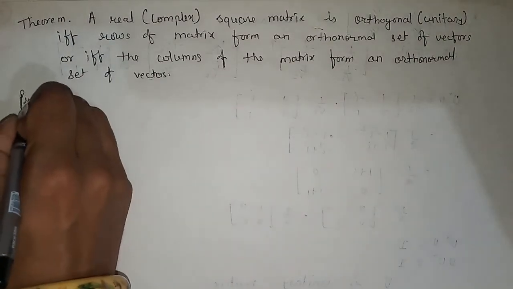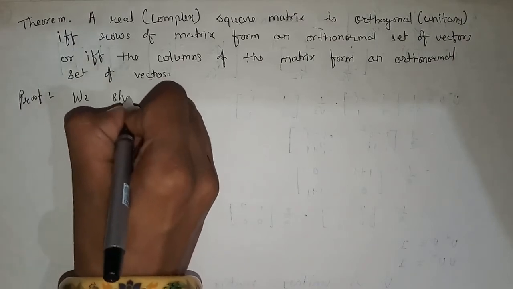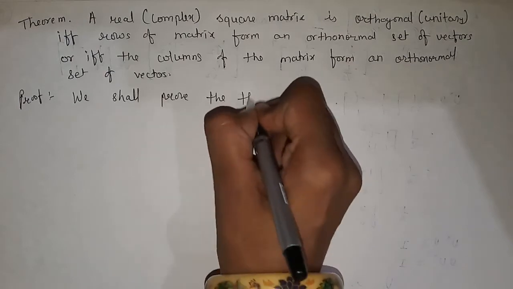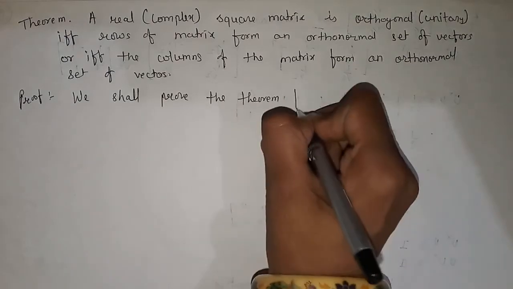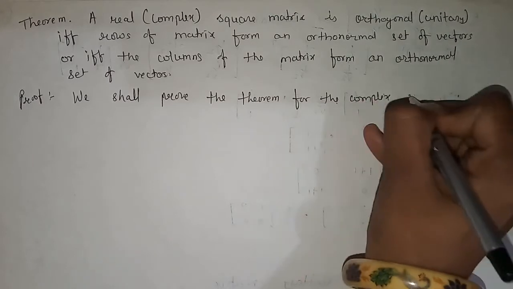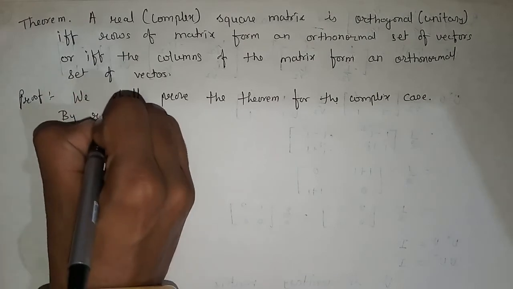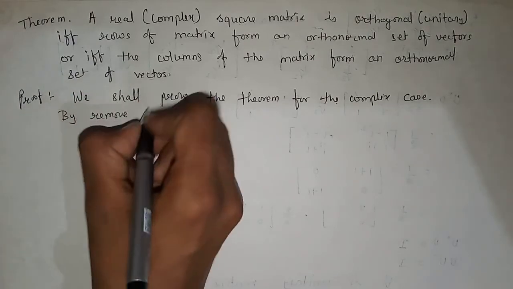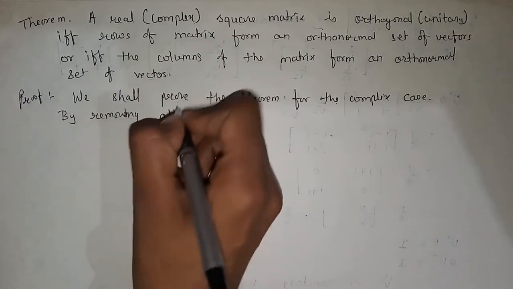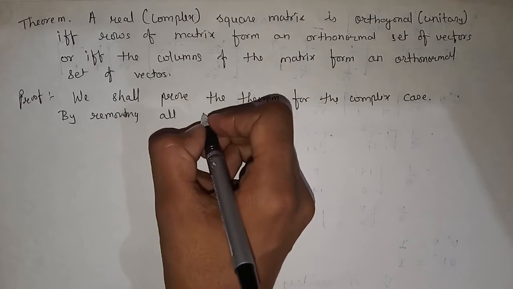So proof: we shall prove the theorem for the complex case, and by removing all the complex conjugation in the proof, we will get the proof for real case.